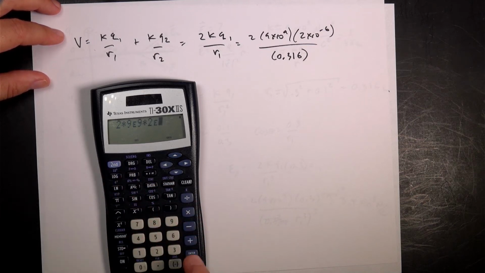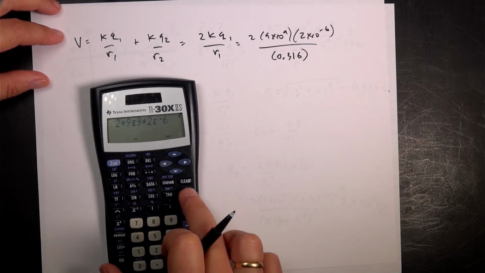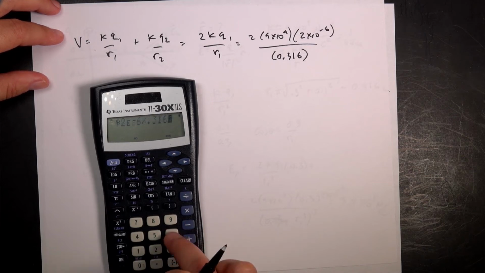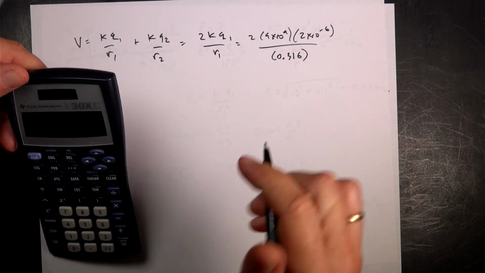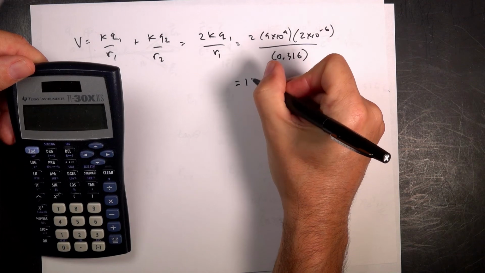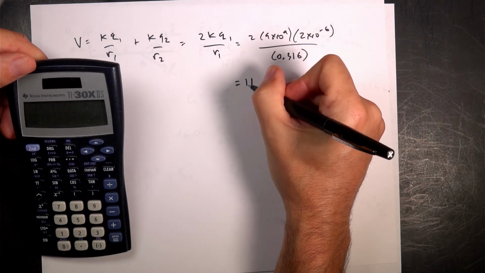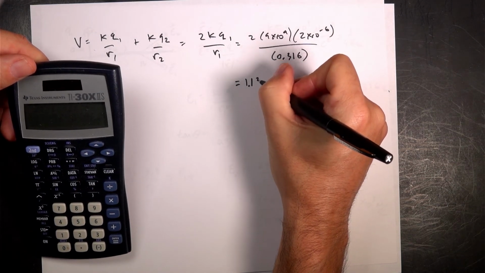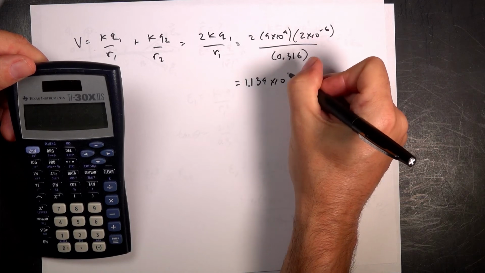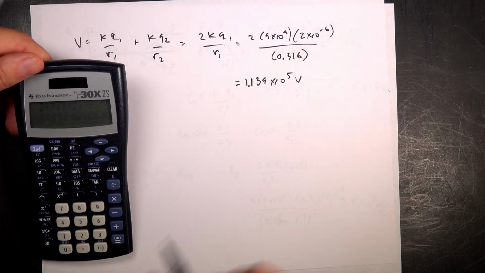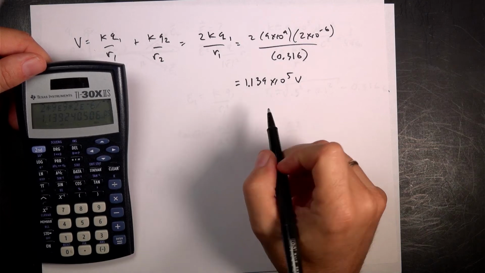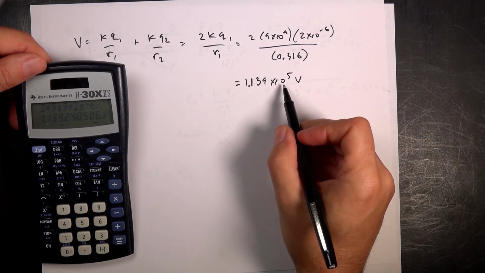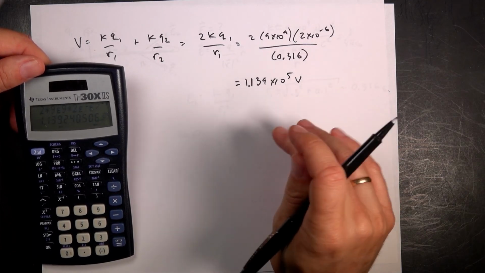It makes you feel better. I get 1.139 times 10 to the 5th volts, which they had just 1,000. So that would be 10 to the 3rd, but okay, I like my answer.